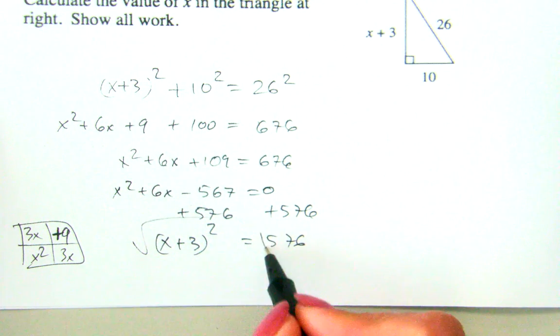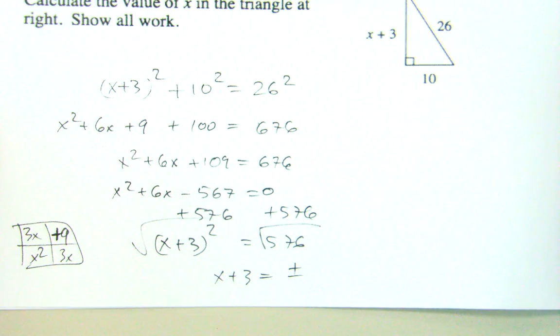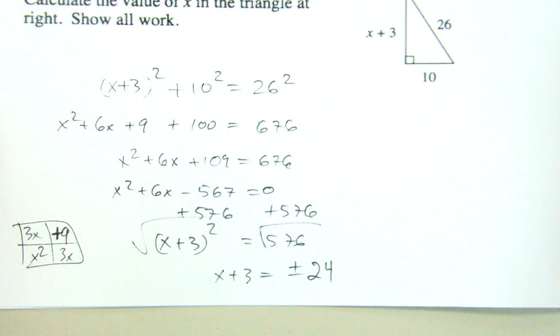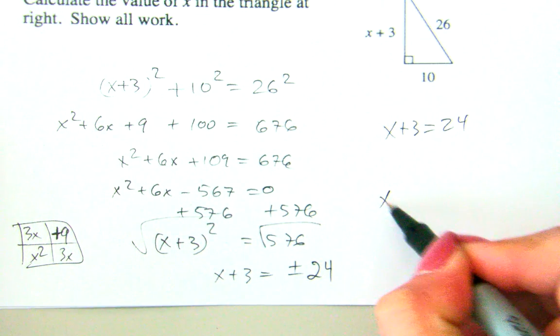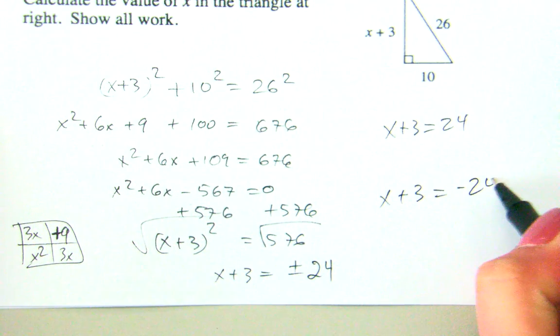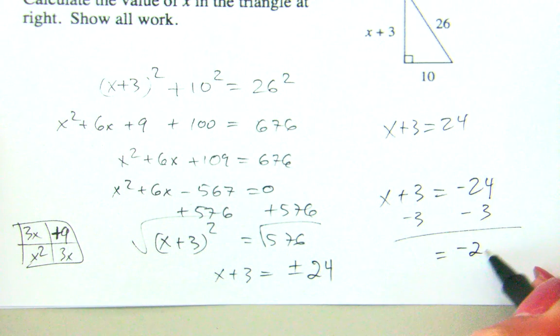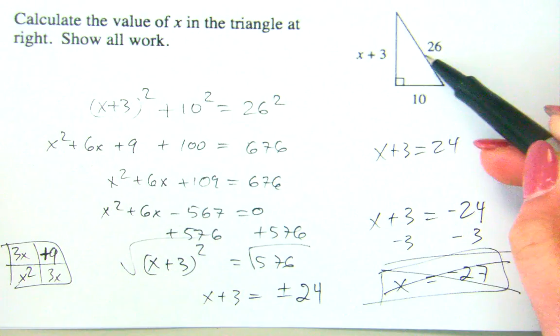If I take the square root of both, I have x plus 3 equals plus or minus the square root of 576. Ooh, 24. Nice. Okay, so x plus 3 equals 24. X plus 3 equals negative 24. If I subtract 3 from this side, I'm going to get negative 27, which is not going to work out because my side cannot be negative.